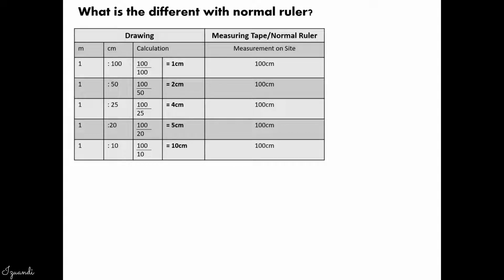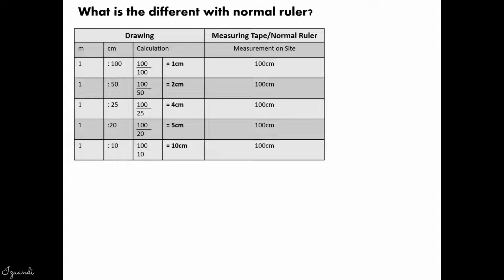The calculation is 100 centimeters divided by 100, and then you will get 1 centimeter of length on your drawing. When you want to draw the lines, you will draw only 1 centimeter that represents 1 meter on site. Can you get it?